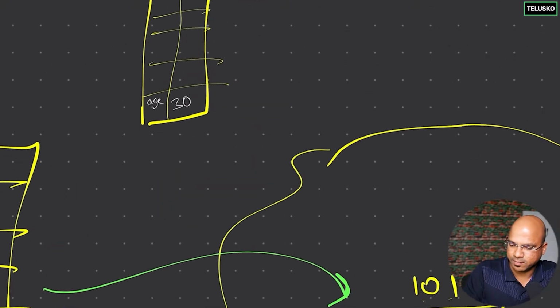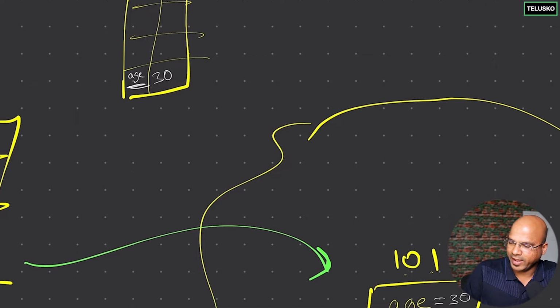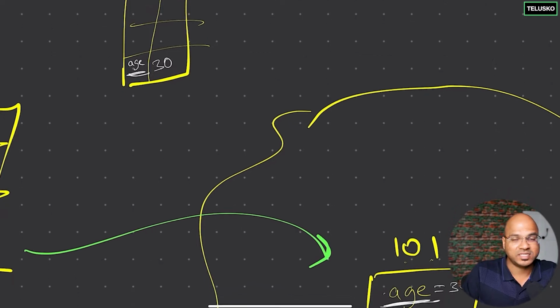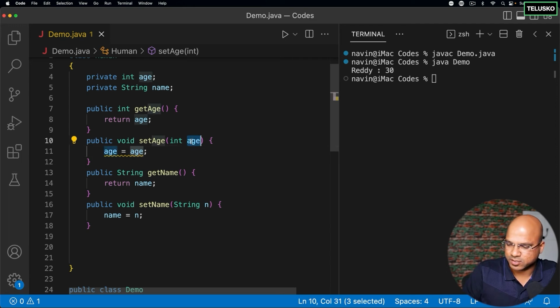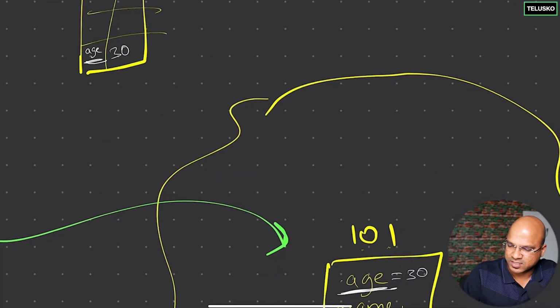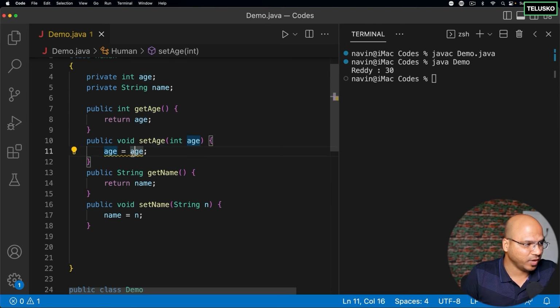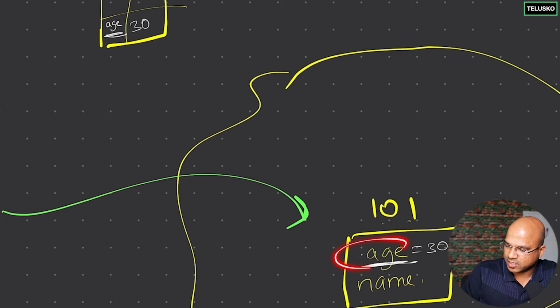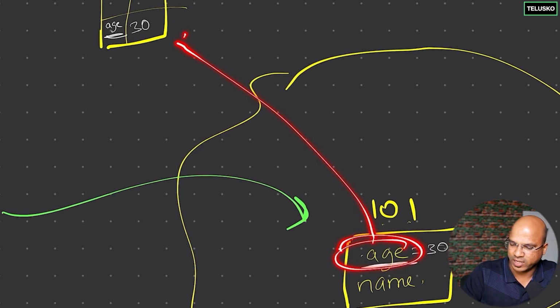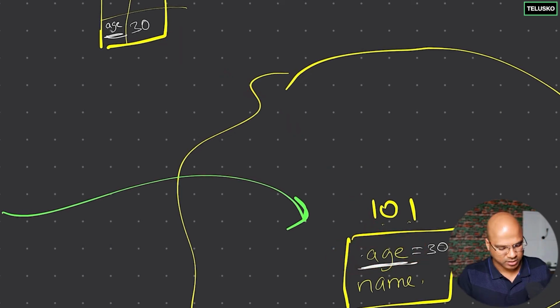So both the local variable and the instance variable have the same name. Then it should work, right? What we are trying to do is, the age variable will get 30 here. So of course, in this stack, we got 30. And if you see, we are assigning age is equal to age. So I'm expecting that this age will get the value from this particular age. It should work, right? Let's try.